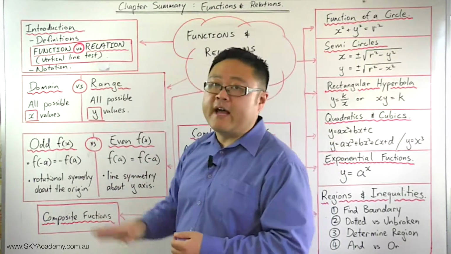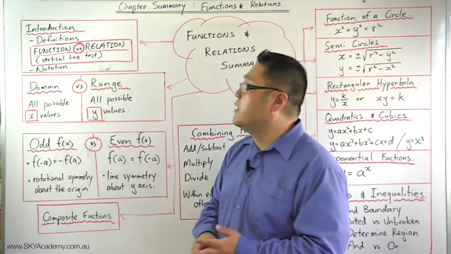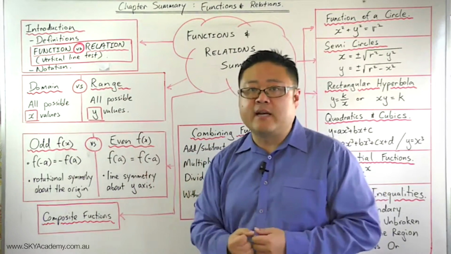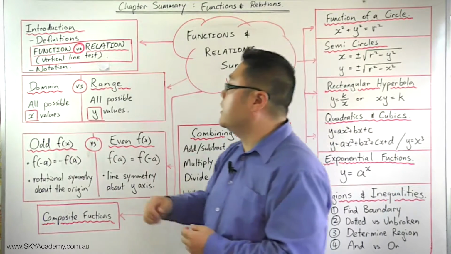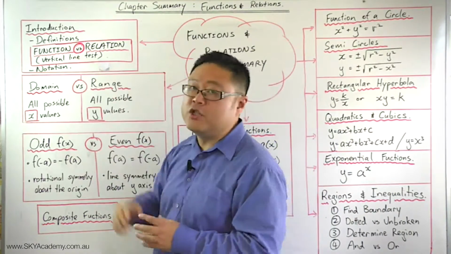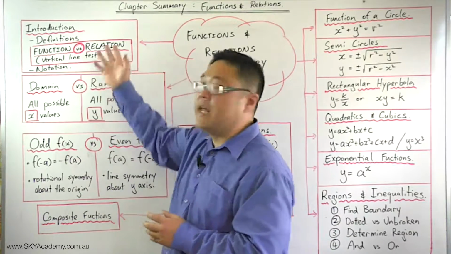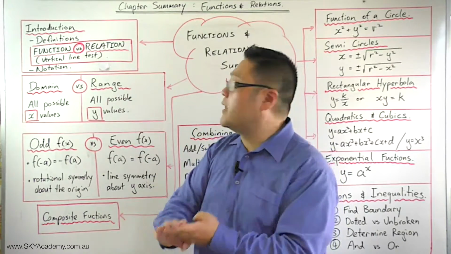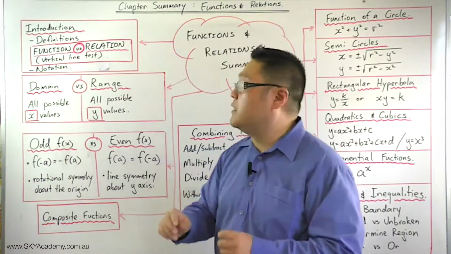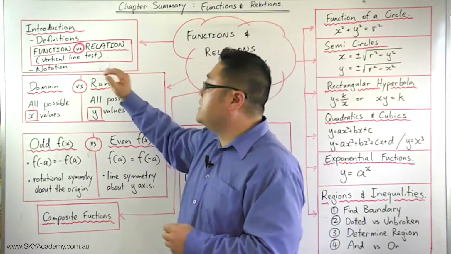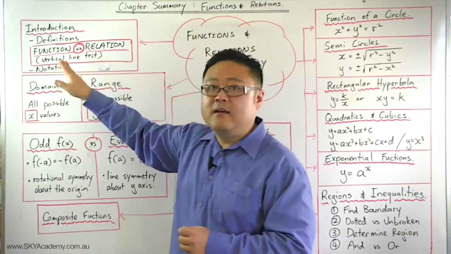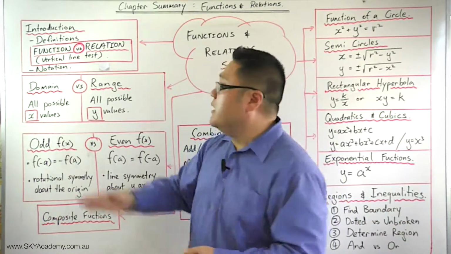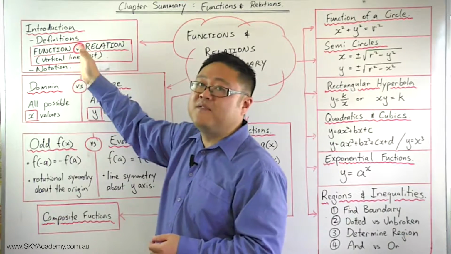The difference between that and a function, of course, is that with a function, every first element has a unique second element. So it's a many to one relationship. Whereas relations can be one to one, many to one, one to many, or many to many. And the way that we distinguish a function when it's depicted graphically is that it will pass the vertical line test.